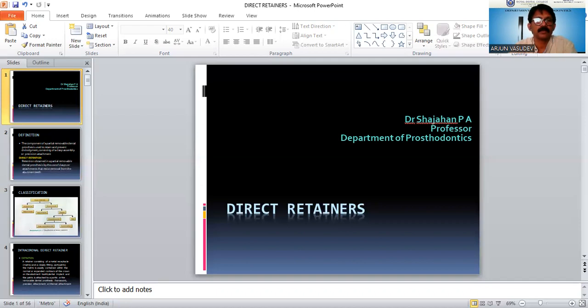So the clasp assembly has mainly four components: rest, retentive arm, reciprocal arm, and minor connector, which connects the clasp to the major connector. That is the four parts of the clasp assembly. You can see it in the picture. You can see the right side. You can see the reciprocal arm.